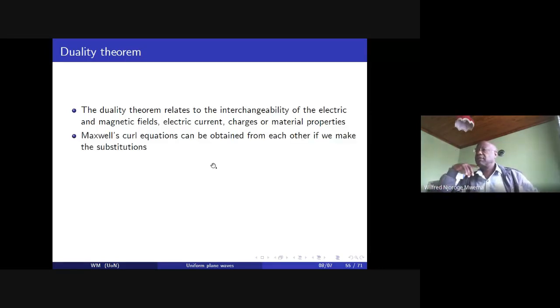And we can actually obtain each of the laws, that is Faraday's law or Ampere's law, from each other by just making these substitutions.